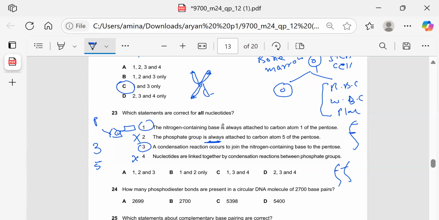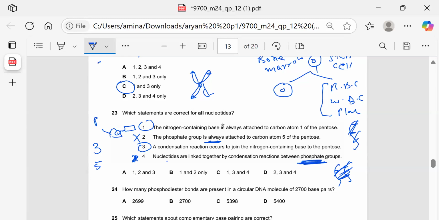So I will leave it, just let me see this again. Nucleotides are linked together between phosphate group. Let me see again: 1, 3, 4. Sorry, I'm revisiting it. When I look at this, nucleotides are linked together between the phosphate group.